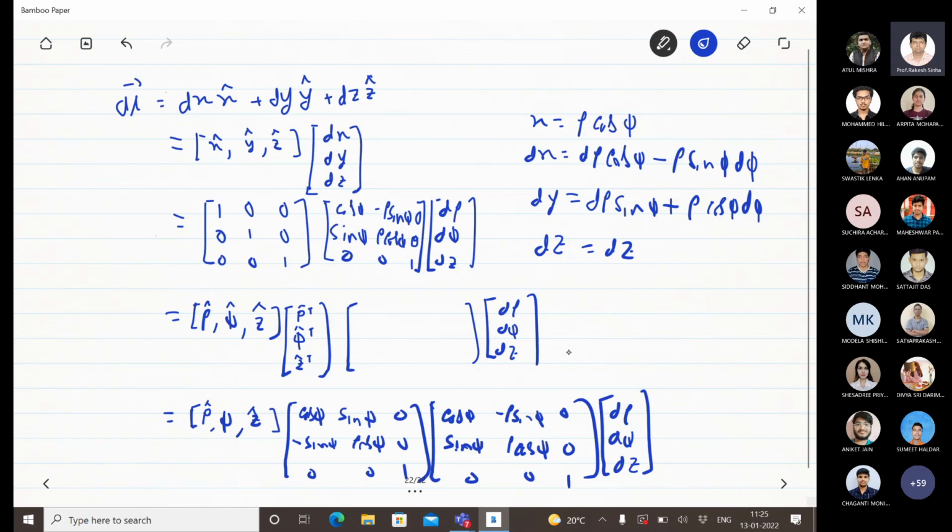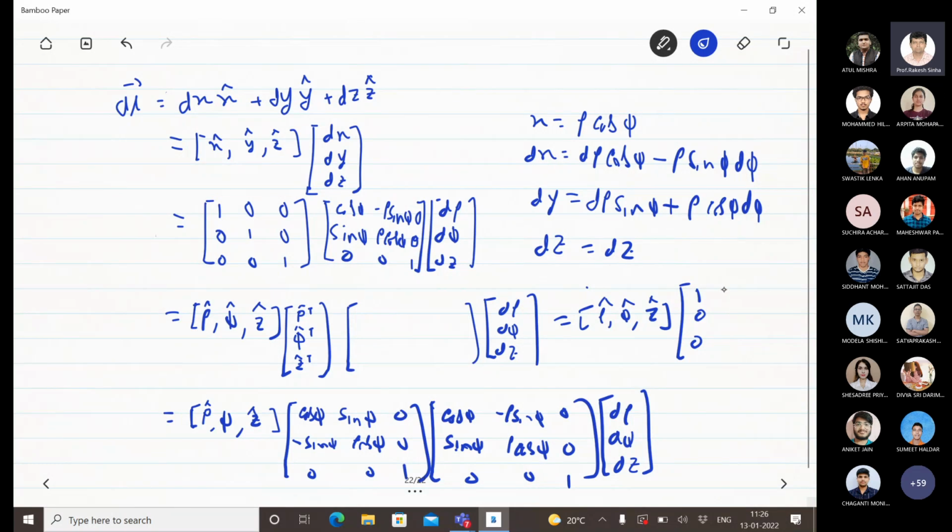Then if you multiply this column with this row, you get 0, and the last one is also 0, because it is 0, 0 and 0.